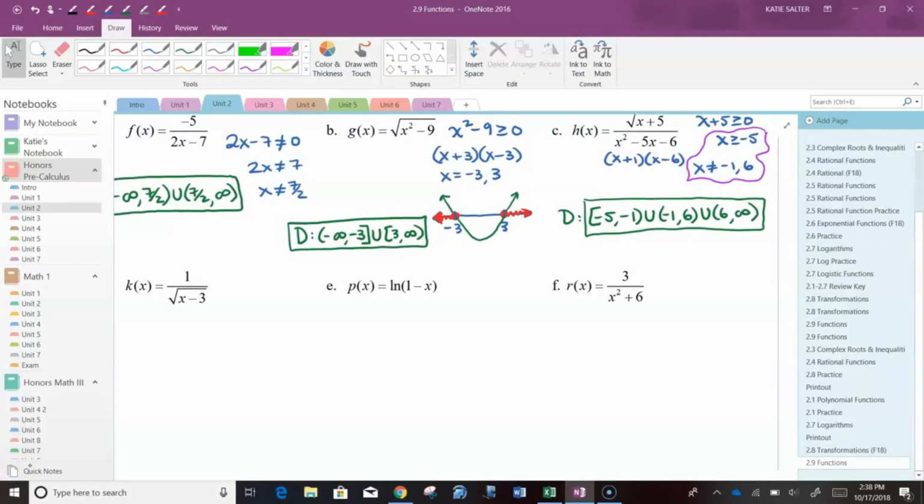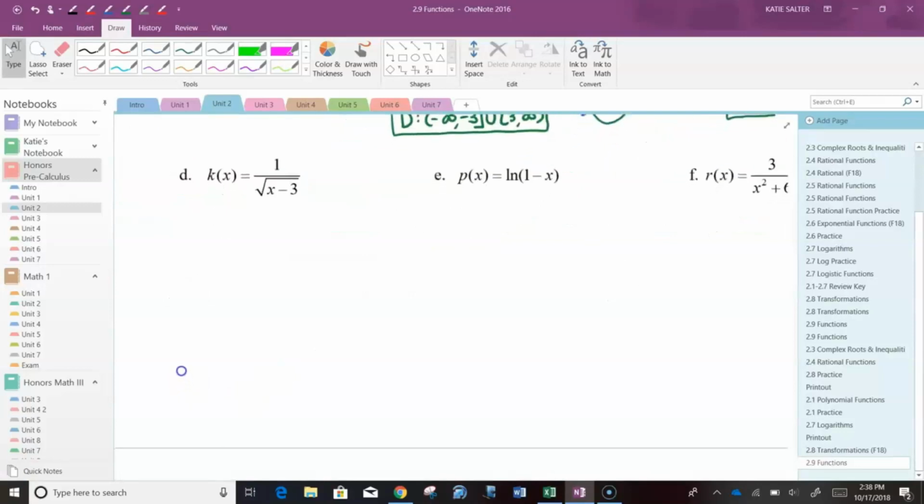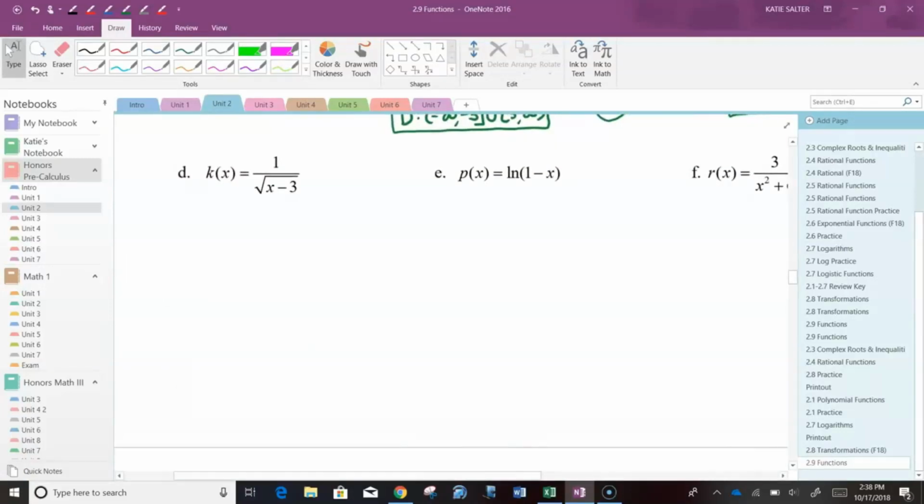All right, so looking at k of x, this is one where they put two of the three things together. Not only do we have a variable in the denominator, we also have an even root in the denominator. So we know we can't take the square root of a negative number. If it had just been the square root, we would have taken x minus 3 and set it greater than or equal to 0. But we also know that the denominator cannot equal 0.